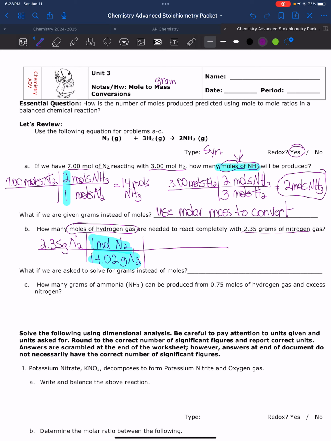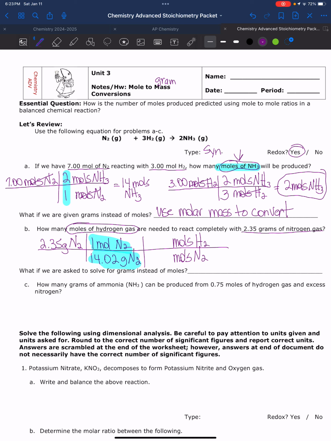Now, once we have converted our grams to moles, we pick up with what we learned in our mole-to-mole stoichiometry. We bring moles of nitrogen diagonally down. Okay, so always diagonally down, top to bottom. We're looking for moles of hydrogen.